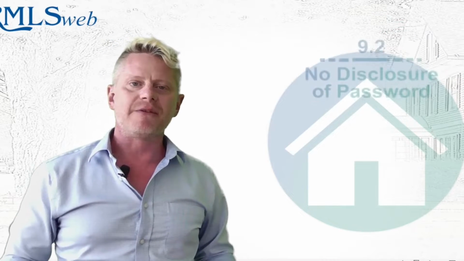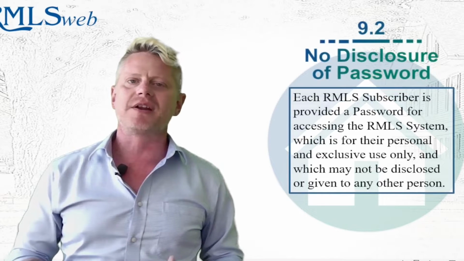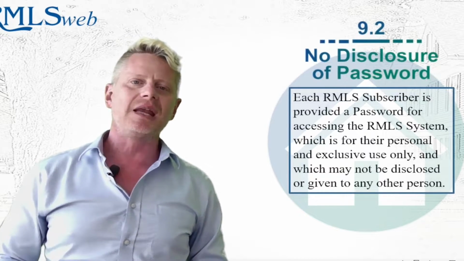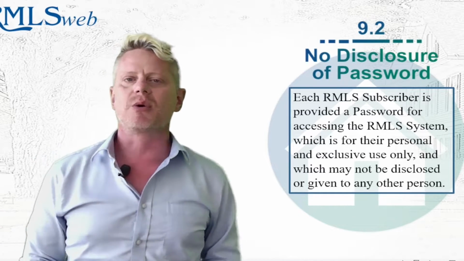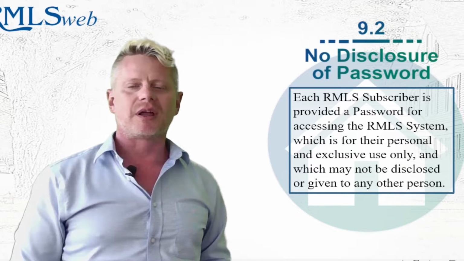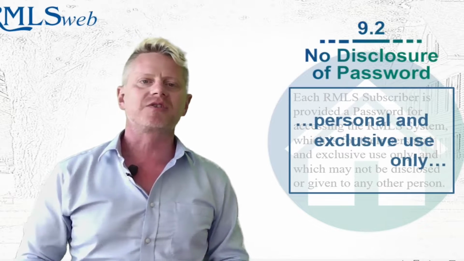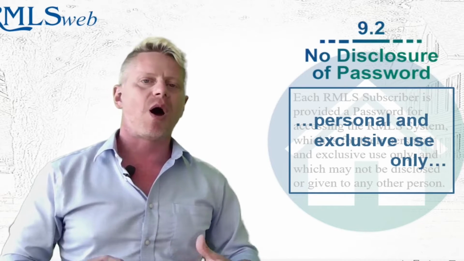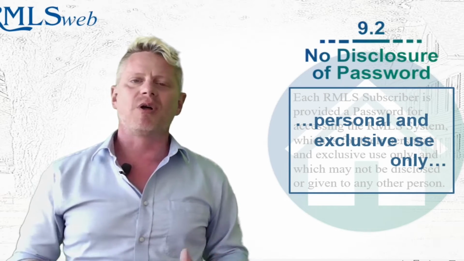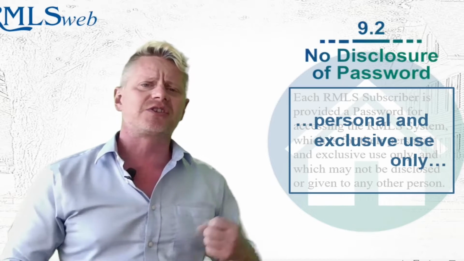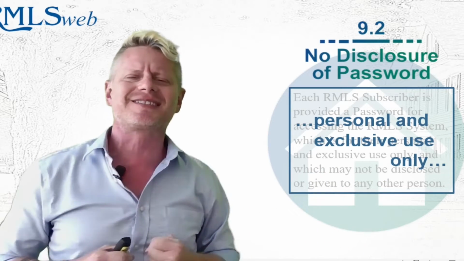And finally, before we log into RMLS Web, we want to discuss one final rule, and that is 9.2, the no disclosure of password rule. As a subscriber at RMLS, your password is for your personal and exclusive use only. Don't give your login to your friend, to your spouse, to your aunt who just loves to look at listings.